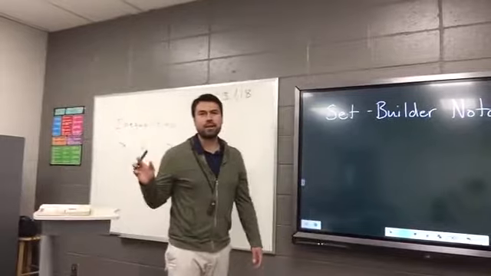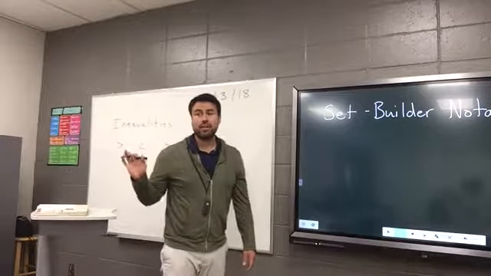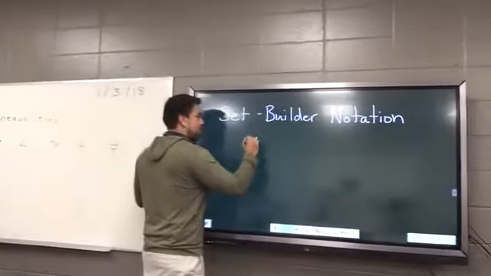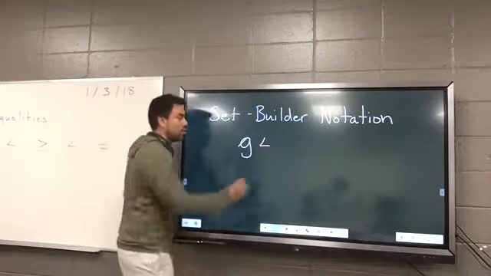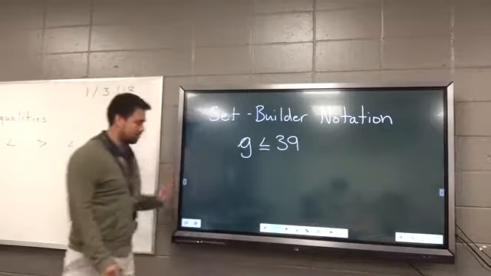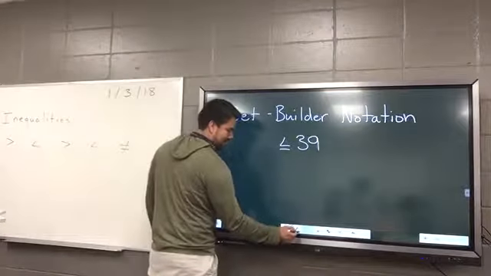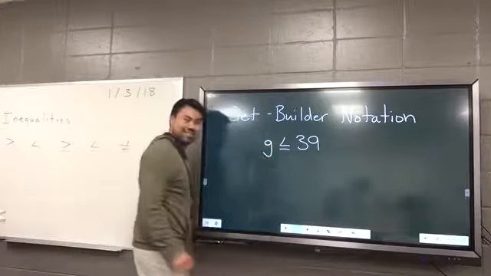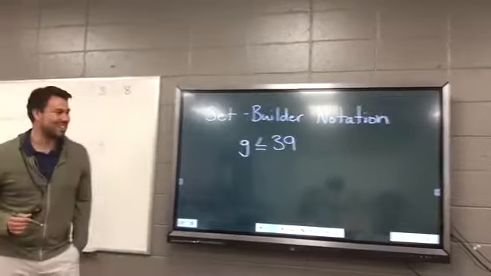That first problem, the answer was g is less than or equal to, what was the number? 39. Thank you. I just wanted to use that same number. Okay, g is less than or equal to 39.